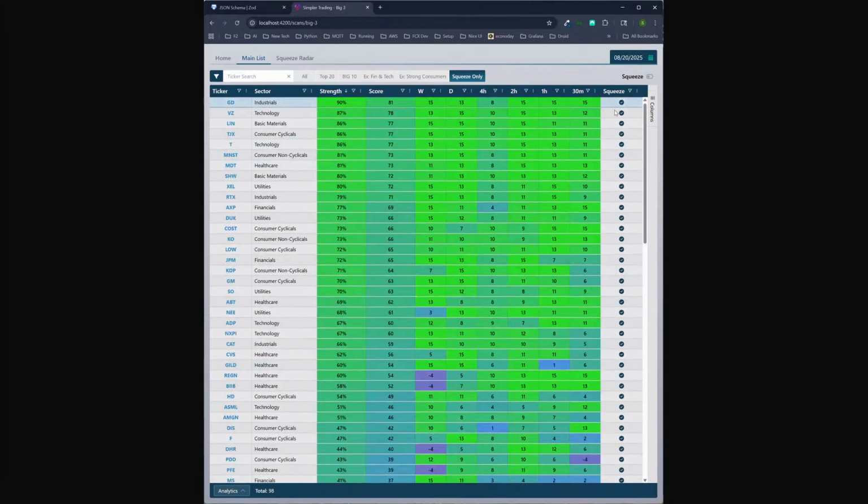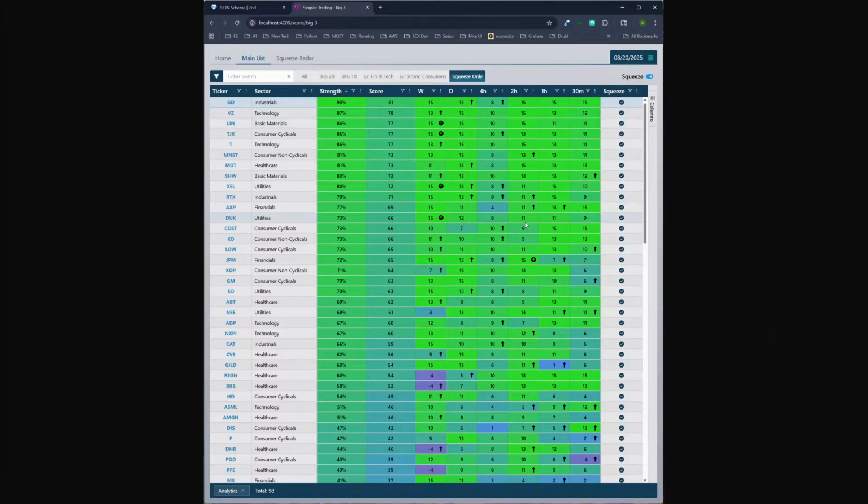Now, this is great because it shows you that there is a squeeze going on. You just don't know which time frame it's on. So we've added this toggle as well. And if I turn it on, you can start seeing all of these arrows, right? These arrows are the B3 squeeze, kind of like the subpar setup, and then the arrow with the circle shows you the A plus.